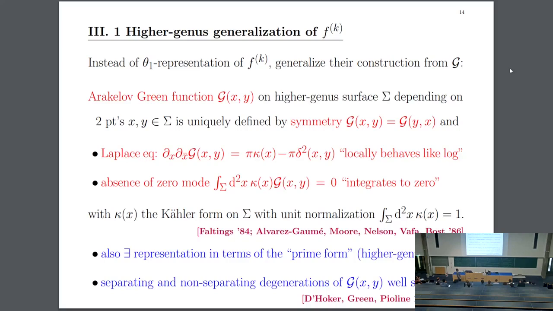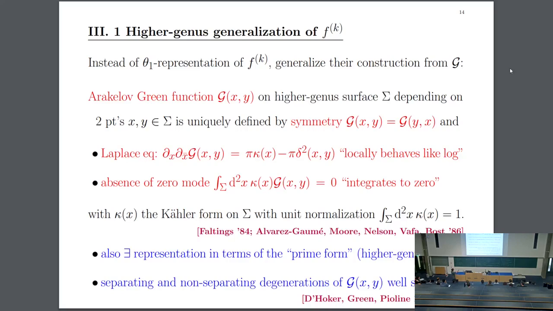And there is a last condition, which concerns the zero mode. You may consider shifting the Green's function by a constant, or by a function of fewer variables. So there is a zero mode condition that it integrates to zero. And well, at genus 1, it's clear what I mean by integrating to 0. There is a preferred volume form given by d squared z at genus 1.